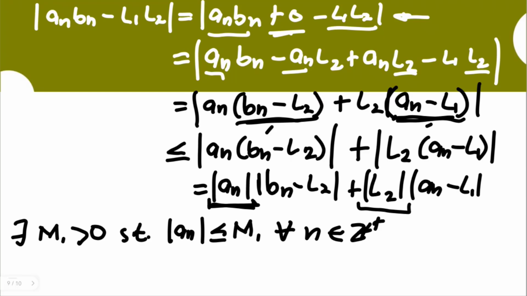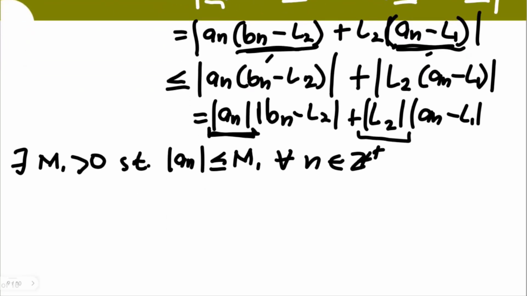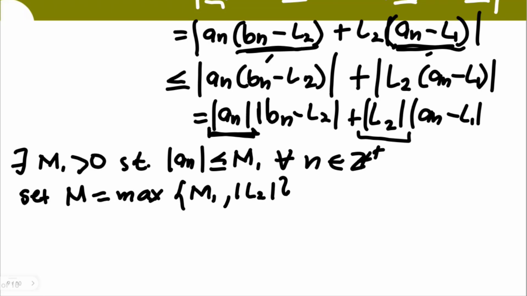Once we were able to establish that m sub 1, we now set a certain constant m to be the maximum of m sub 1 or the absolute value of L sub 2. Whichever is larger, we are going to use m to represent them. Why? So that these two forms will be represented by a single variable m.